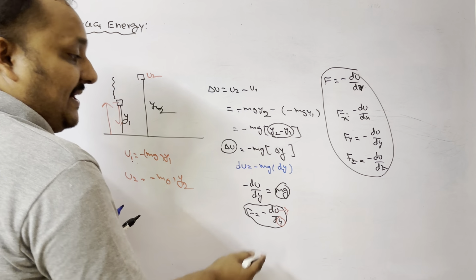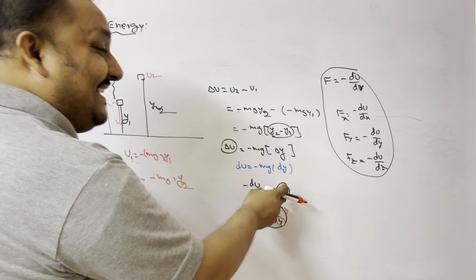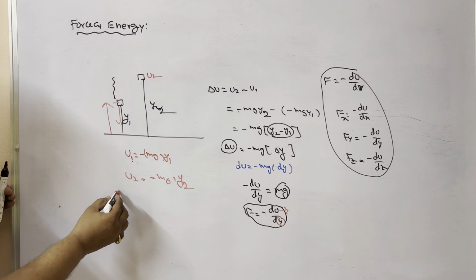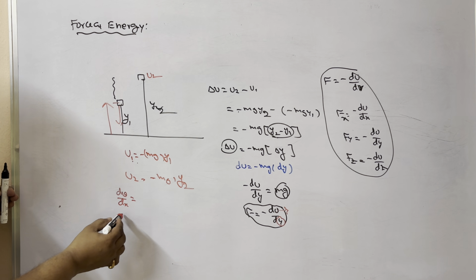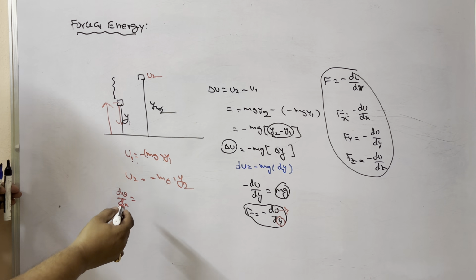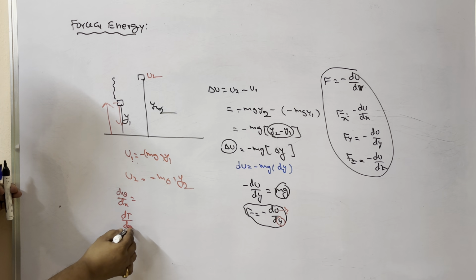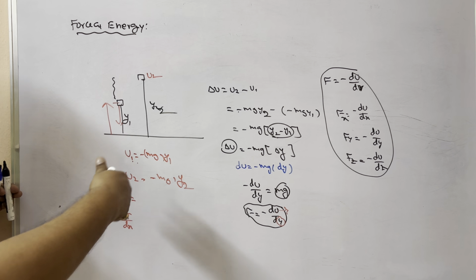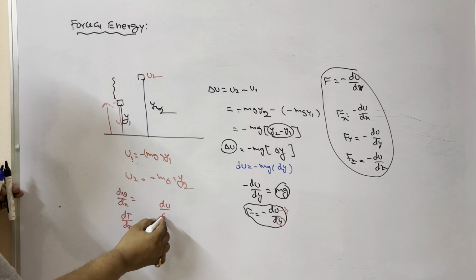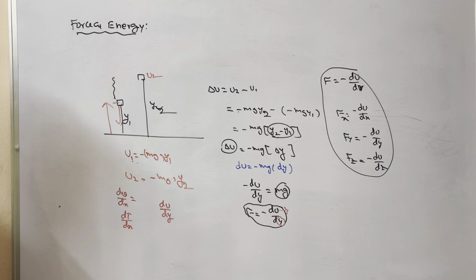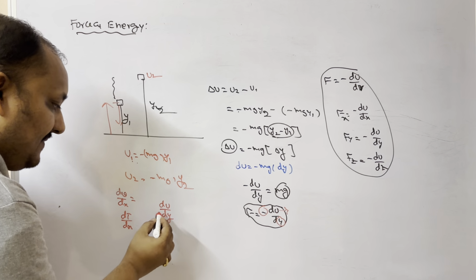Whichever quantity is changing with respect to distance, we call that a gradient. What is velocity gradient? Change in velocity with respect to distance. What is temperature gradient? Change in temperature with respect to distance. Now what is energy gradient? Change in energy with respect to distance. But here a negative sign is there.